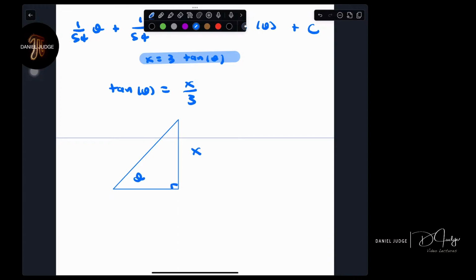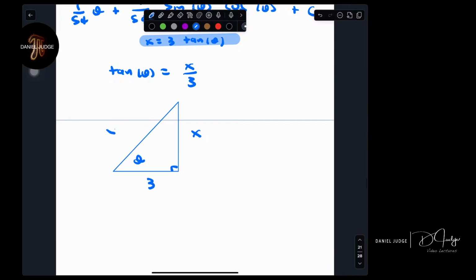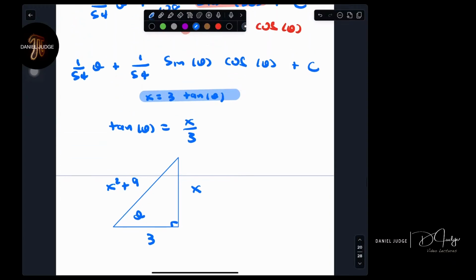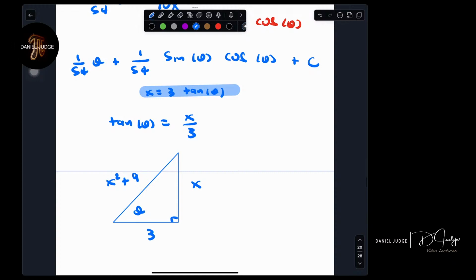Definition is opposite over adjacent. So by the Pythagorean theorem, okay, we're going to get the square root of x squared plus 3 squared, which will be 9. So the square root of x squared plus 9. So, okay, let's go back and take a look. We need a theta. There's the theta. So theta will be arctangent, inverse tangent, x over 3.